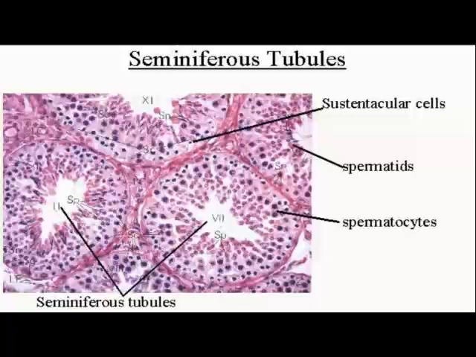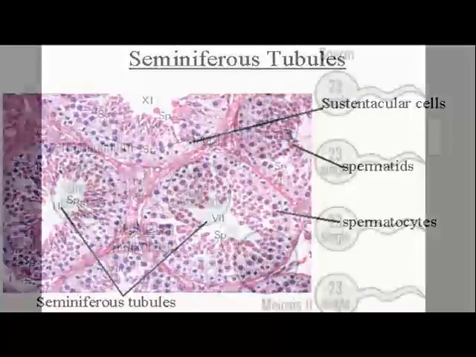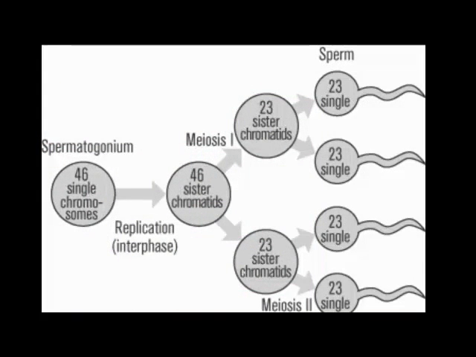The Leydig or interstitial cells lie in the connective tissue between the seminiferous tubules. Thus, the portions of the testes that produce sperm and secrete testosterone are structurally and functionally distinct.